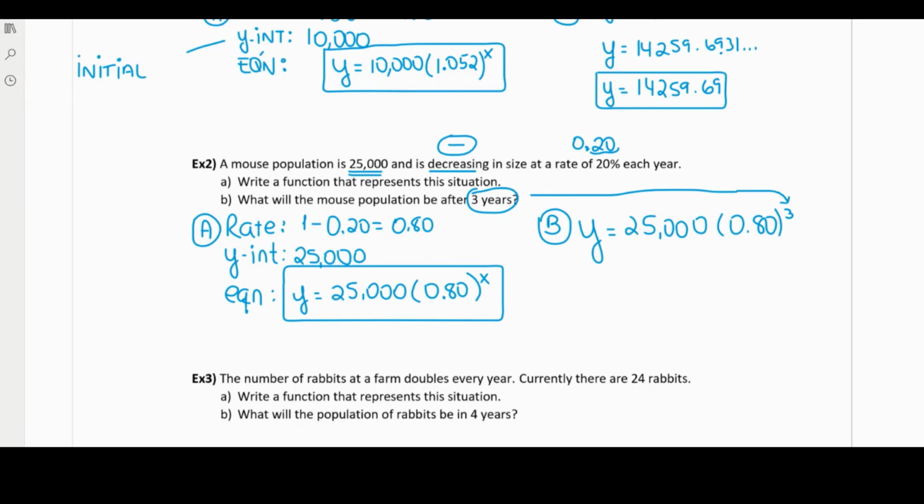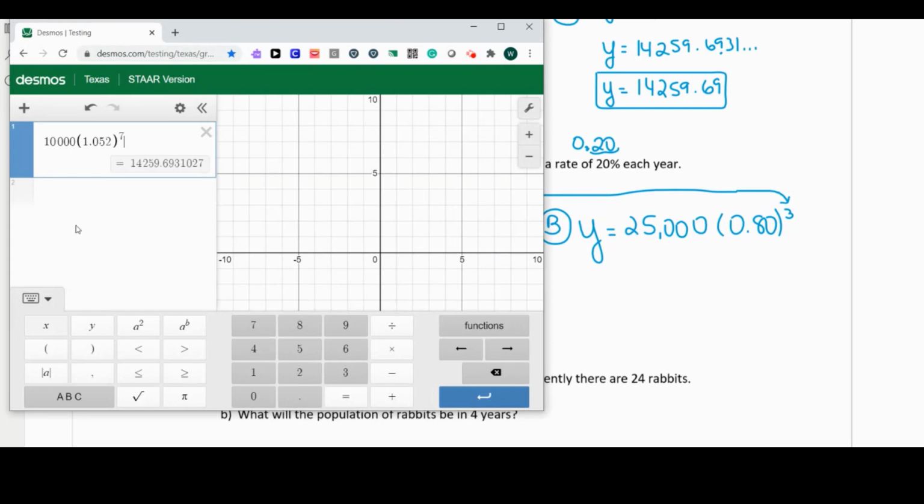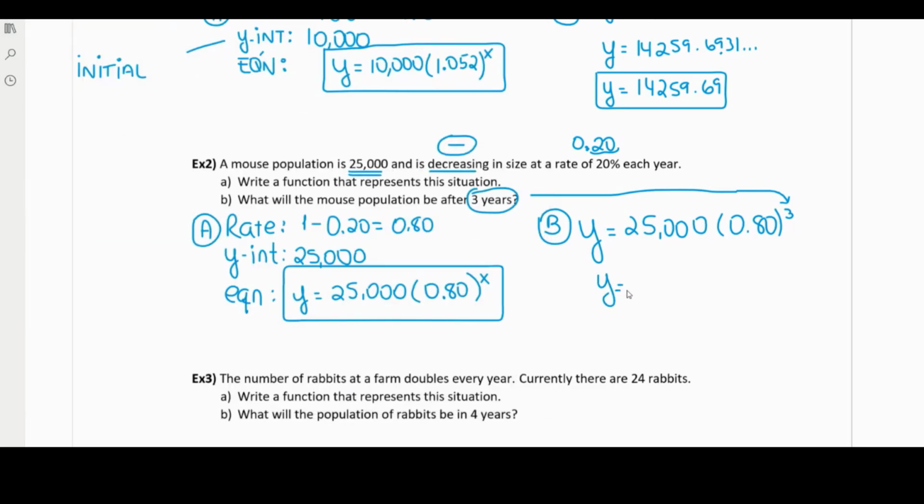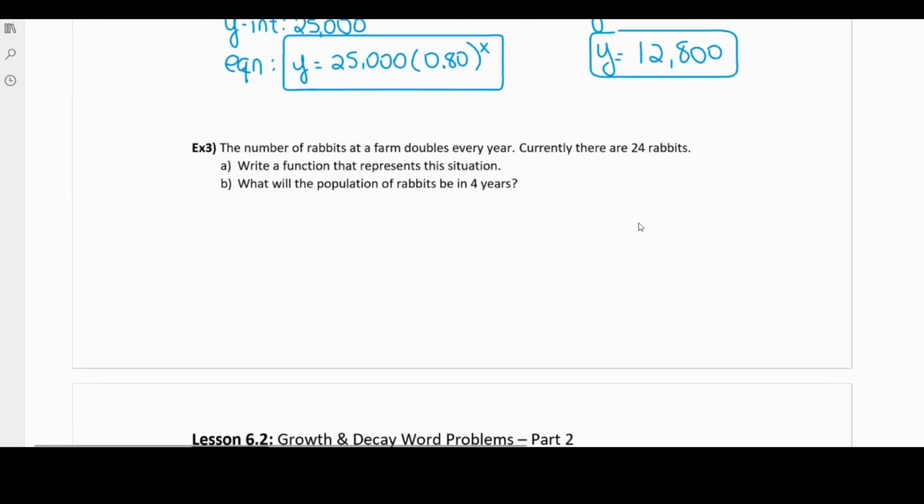And then we're going to bring a calculator and we're going to write 25,000, open parentheses, 0.80, close parentheses, raised to the third power, gives us 12,800. So this would be 12,800. And there we go. That's our answer. All right, let's go on to the next problem.